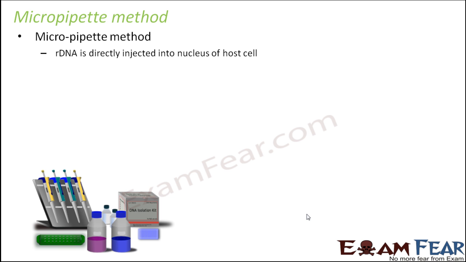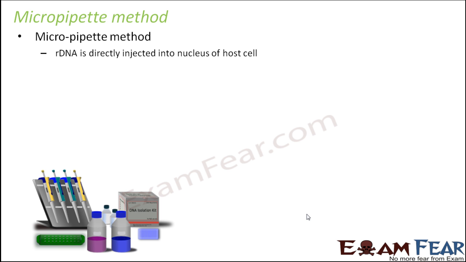So a very small pipette is used to directly inject recombinant DNA into the nucleus of the host cell. This process and the gene gun method are similar, just that in the gene gun you have a gun which throws particles at a very high velocity, and those particles are coated with DNA.